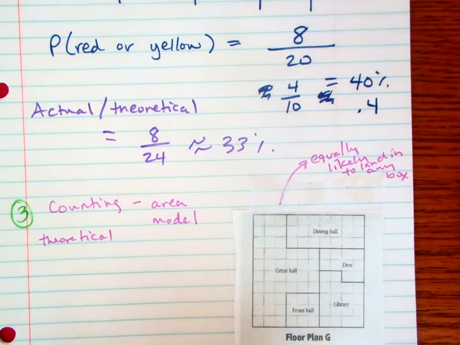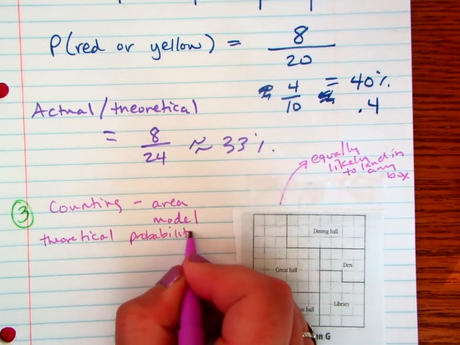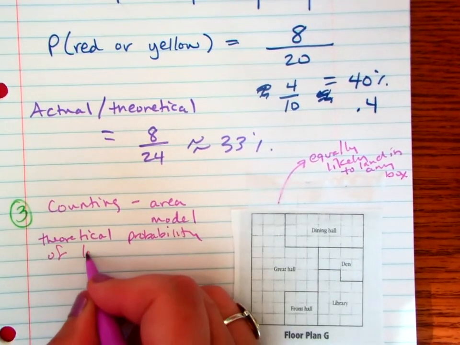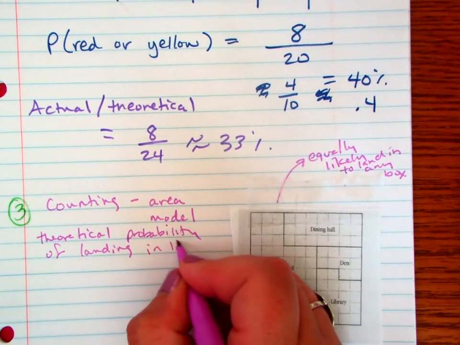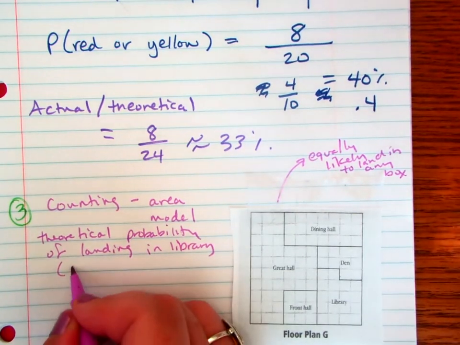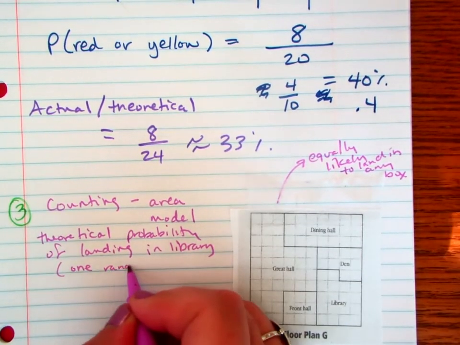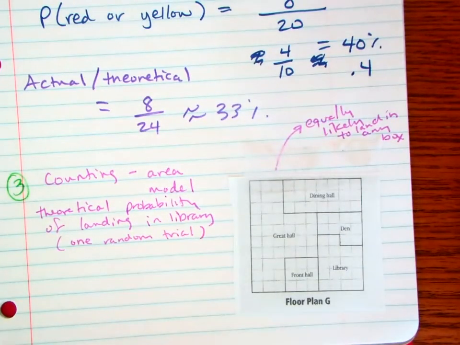Okay. So we're going to figure out the theoretical probability of landing, let's say, in the library, in one random trial. So if we just do it one time and randomly pick a spot, how likely is it that that's going to be in the library?